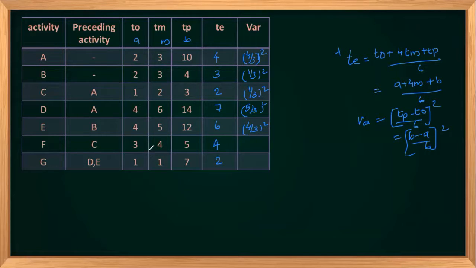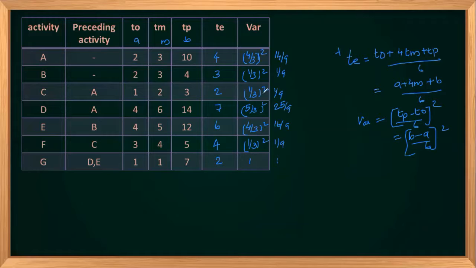It will be 2 by 6, 1 by 3 whole square. It will be 7 minus 1, 6, 6 by 6 whole square, so it will be 1. So you can just write 4 by 9, 1 by 9, 1 by 9, 25 by 9, 16 by 9, 1 by 9, and 1. This is how you can compute this.